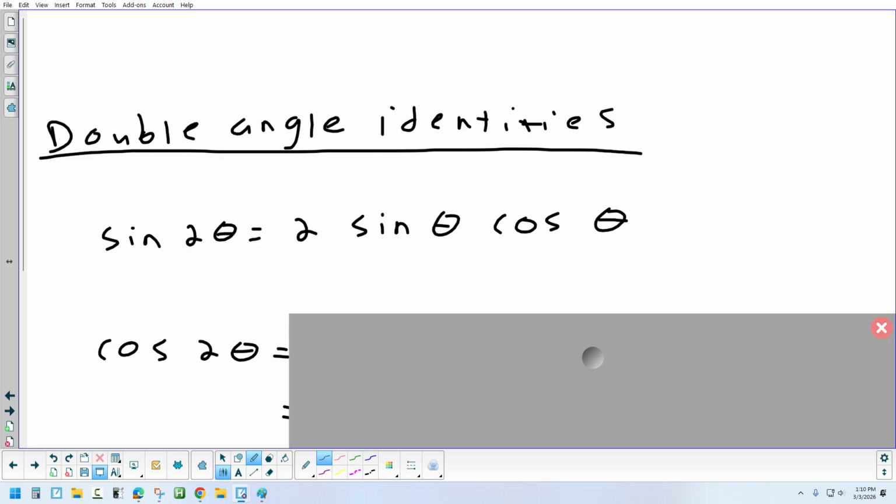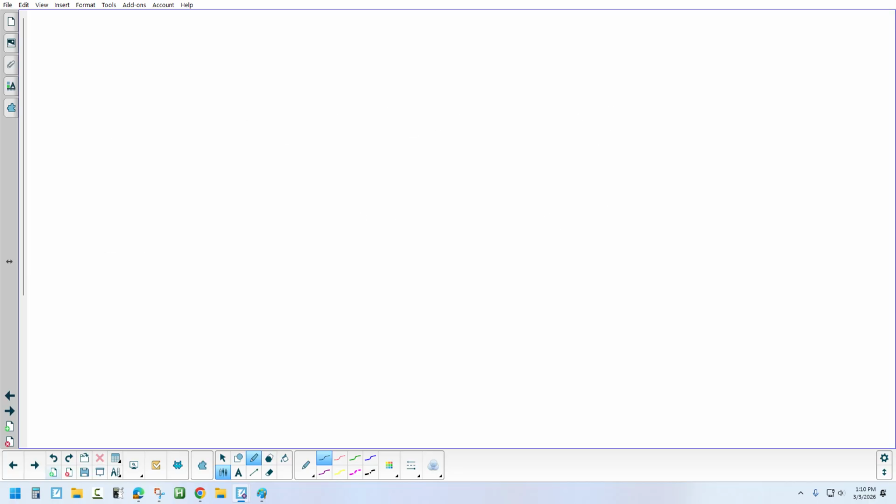So let's try when we have cosine. We saw with sine, you can just take the 2 and put it in front and then write sine cosine. Let's see if this comes out the same. Cosine 2 theta. We want to start by writing that, hopefully with a formula we already know how to use.